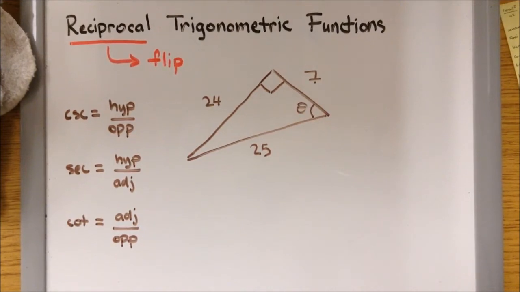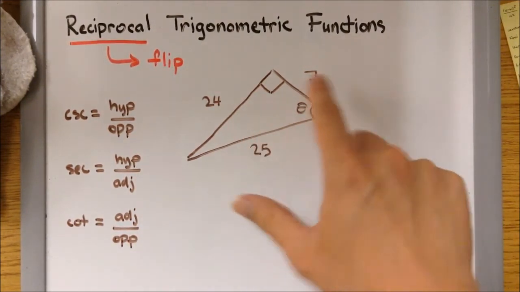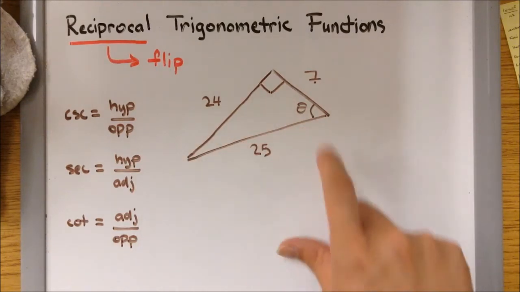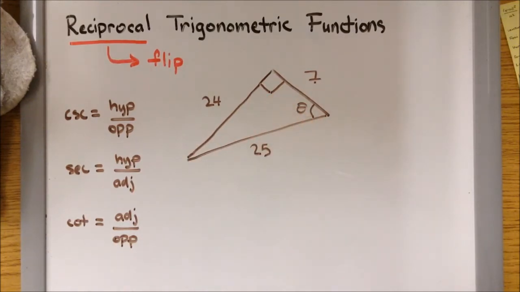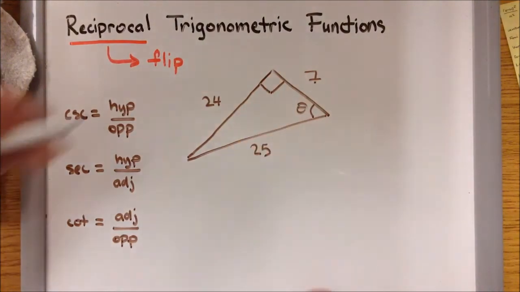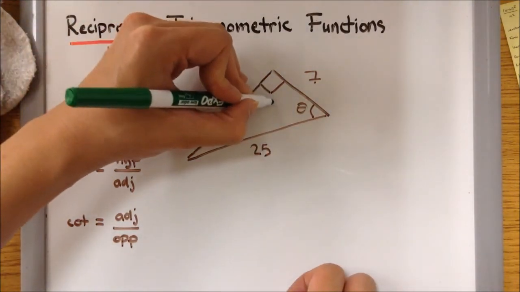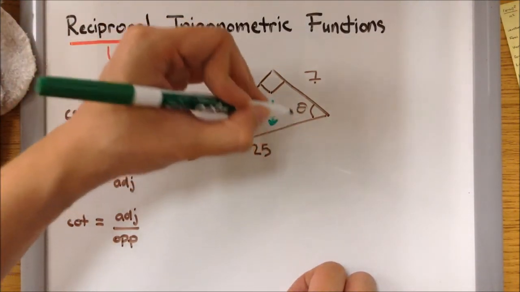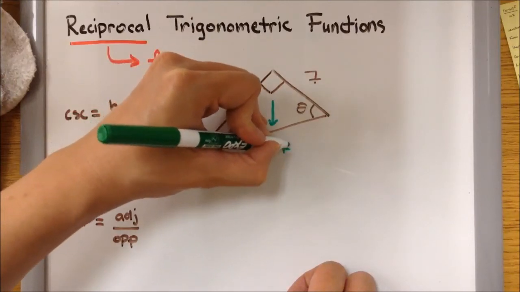In our second example, we have another given triangle with sides 7, 24, 25, a right angle, and angle theta. With a given triangle, we should always identify our hypotenuse. What's across from the right angle is the hypotenuse. So my 25, that would be the hypotenuse.